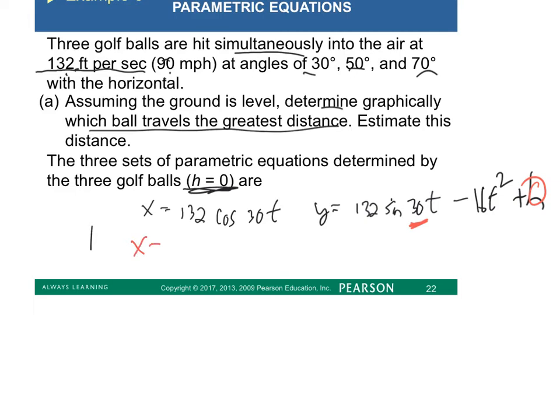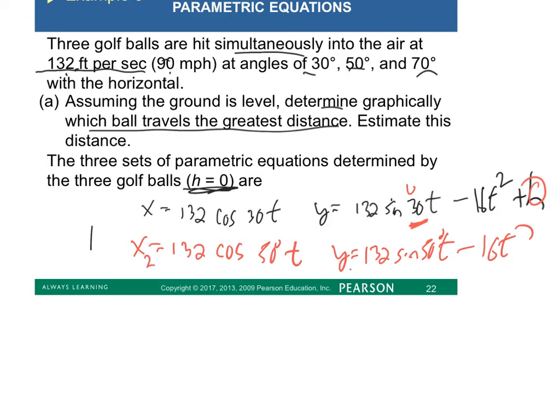Next one. X equals 132 cosine of 50 degrees t. Y equals 132 sine of 50 degrees t minus 16t squared. And so this is a separate set. The third set, x equals 132 cosine of 70 degrees t.